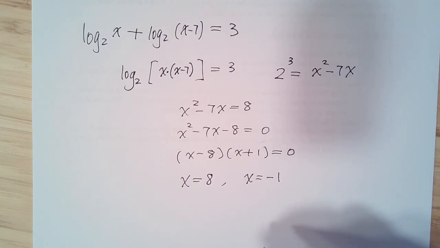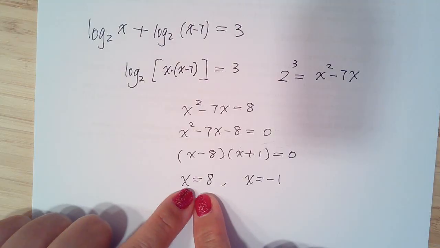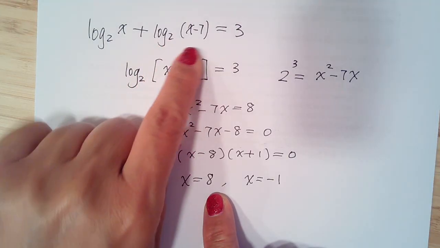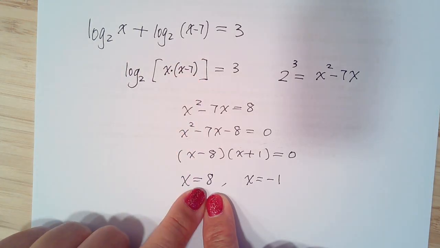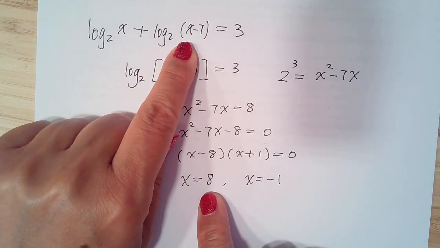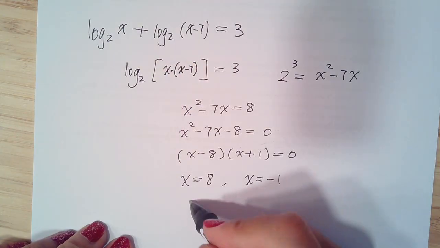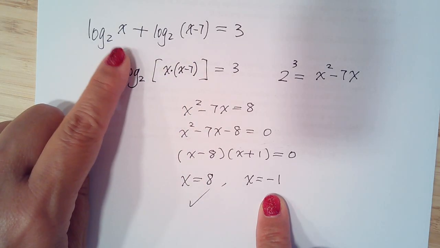Remember, to solve the log equation, you always have to check. How do you check? You bring this x equals 8 back to see whether you're taking the log of a positive number. When x equals 8, here's an 8, no problem. Here, 8 minus 7 is 1, no problem. So this is good. And what about negative 1? That's not good. Do you see the trouble comes?